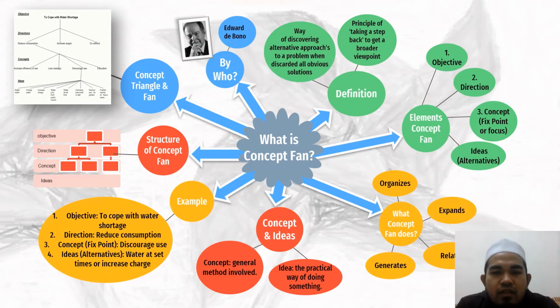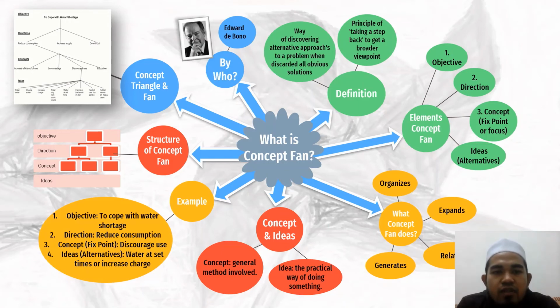In this concept fan note, I use a double bubble map, as it has many branches of points that need to be highlighted. There are definitions, elements, what concept fan does, concepts and ideas, example, structure of concept fan, concept triangle, and fan.